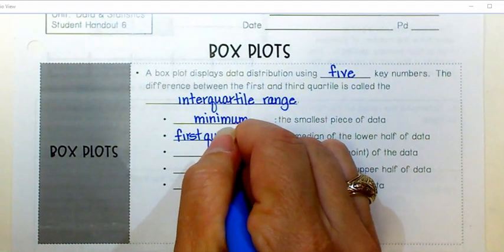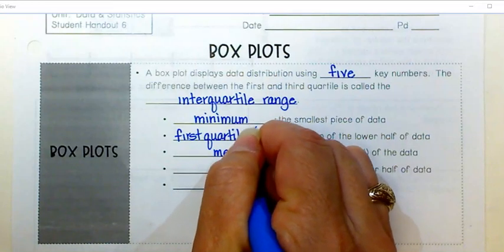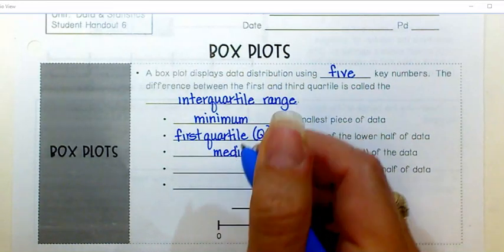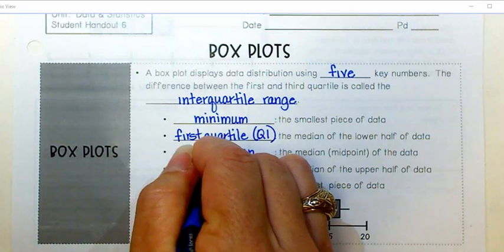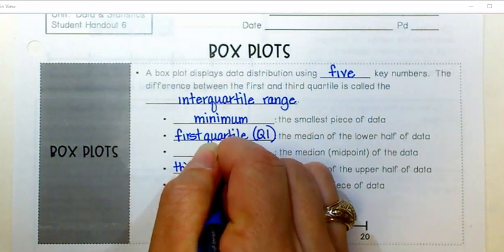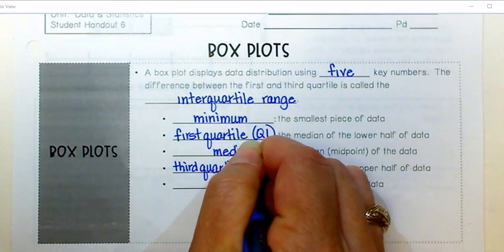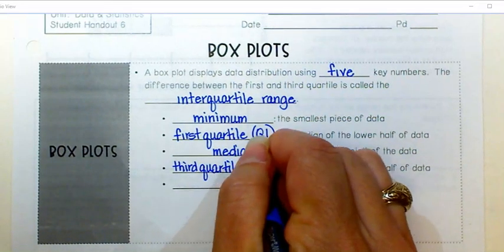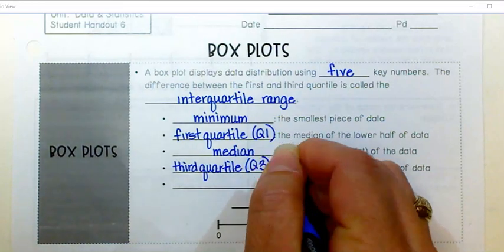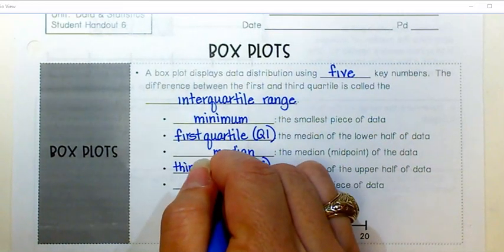Your median, which we've already learned how to do. Your third quartile, sometimes just abbreviated Q3, and your maximum.